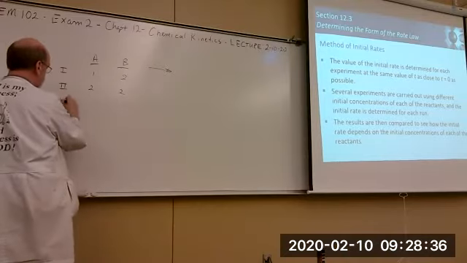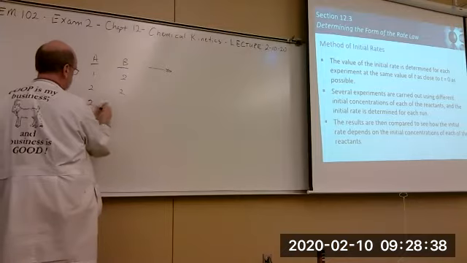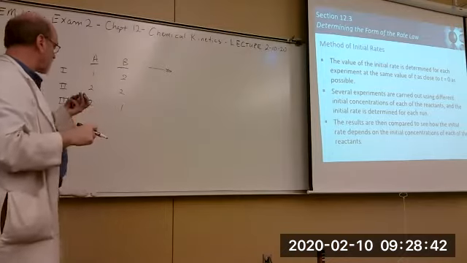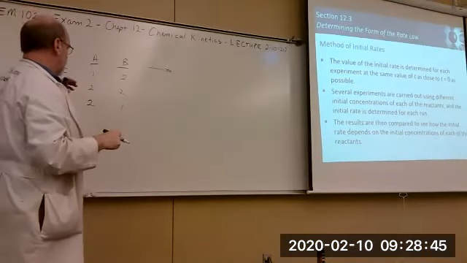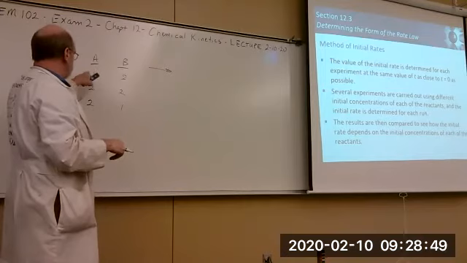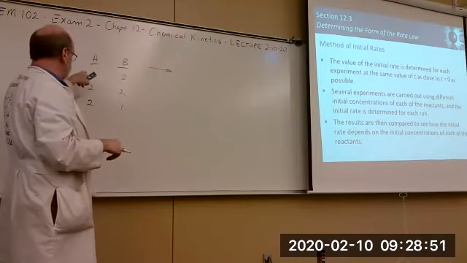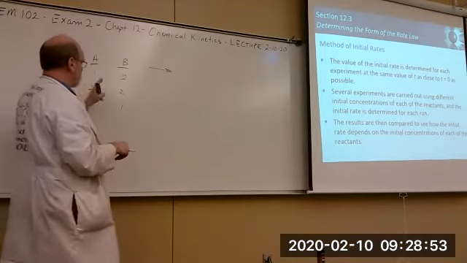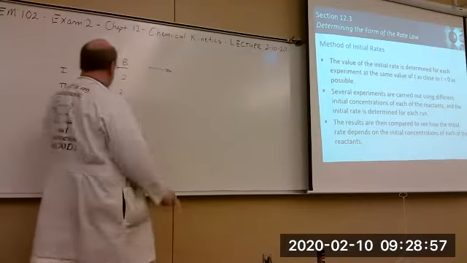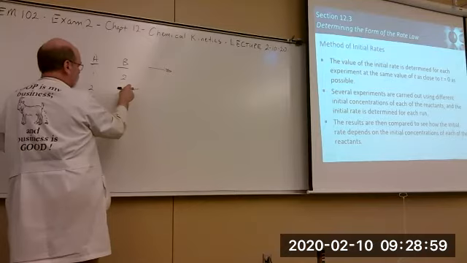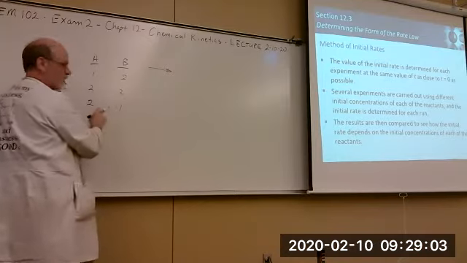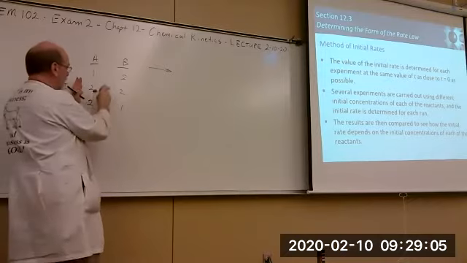And then for the third reaction, you'll have 2 and 1. So in order to determine what's happening with A, you're going to compare this experiment with this experiment because that one is constant. And then in finding out what happens between this one and this one for B, you use these two experiment results because that one's constant.